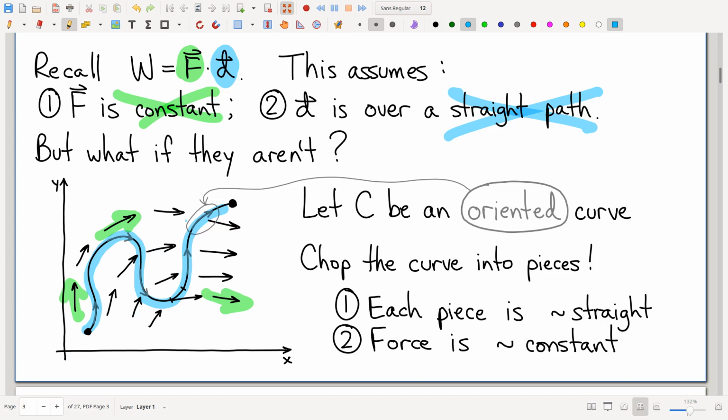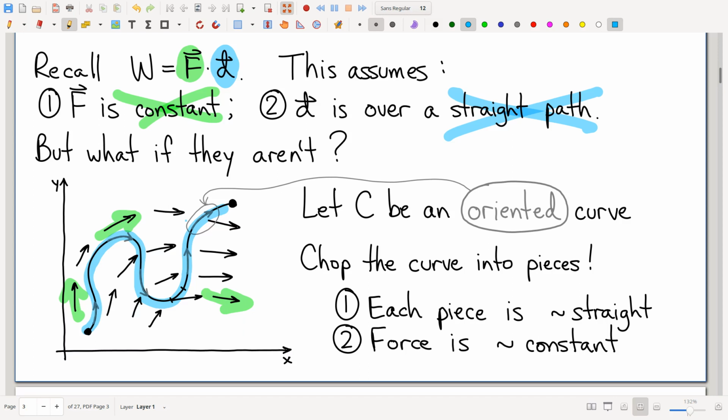And so which direction is uphill, which of course, that's the force that you have to exert to avoid tumbling downhill. Different everywhere you are. So how much work does it take to apply these green forces, different everywhere along the path, to traverse this entire blue curvy path? Hard problem.